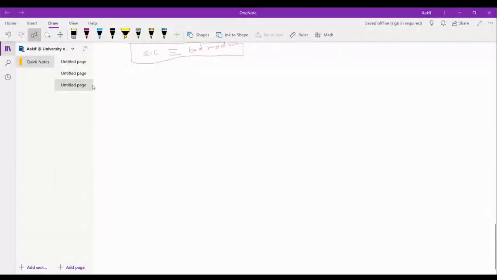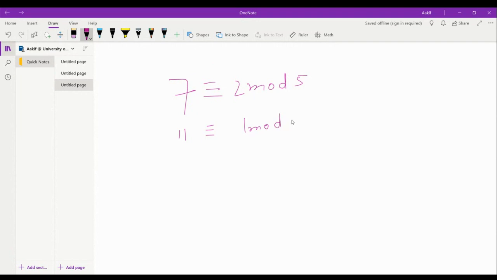So we are given two congruences where 7 is congruent to 2 mod 5, and the second is 11 is congruent to 1 mod 5.